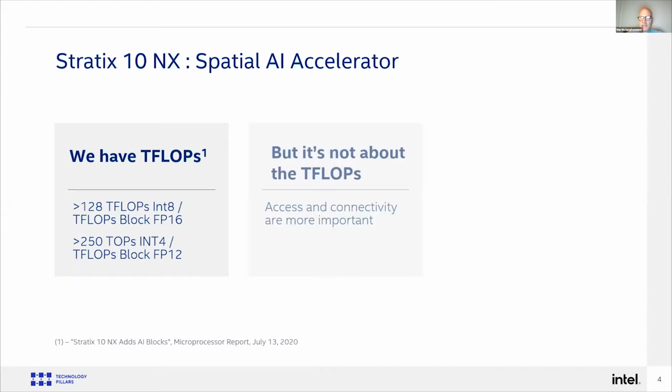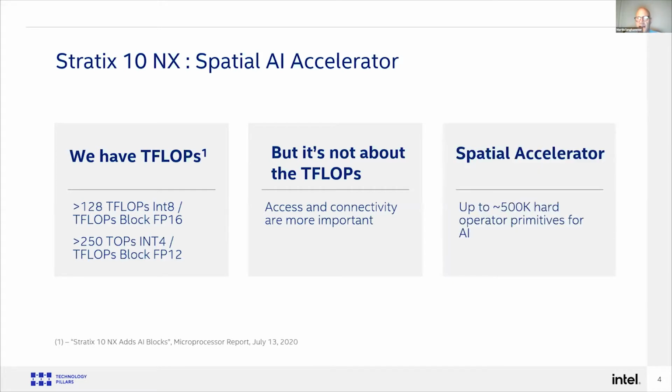But with the spatial accelerator, what's more important is the total number of operators. And even more importantly, the ability to access all of these operators in parallel. Being able to access all these operators in parallel gives us a better chance of achieving a very high sustained to peak performance ratio.